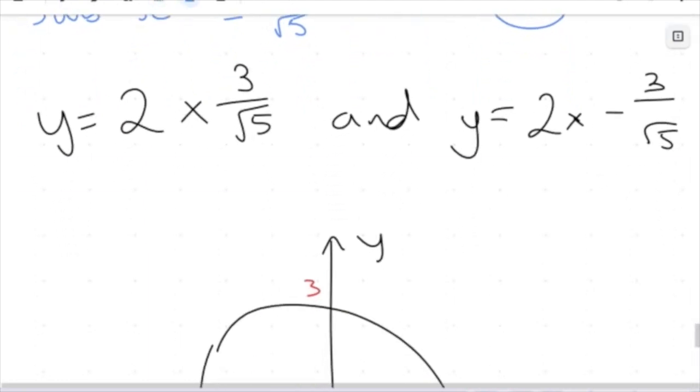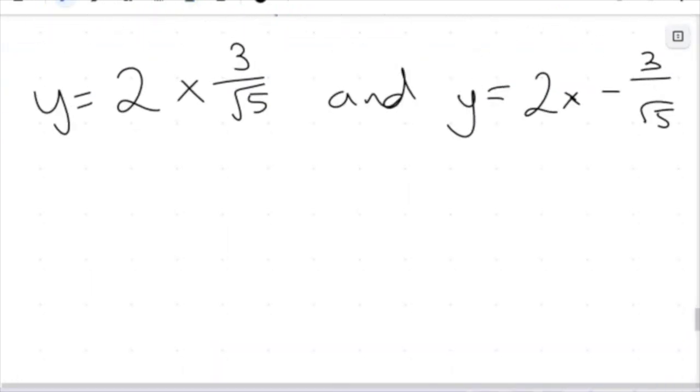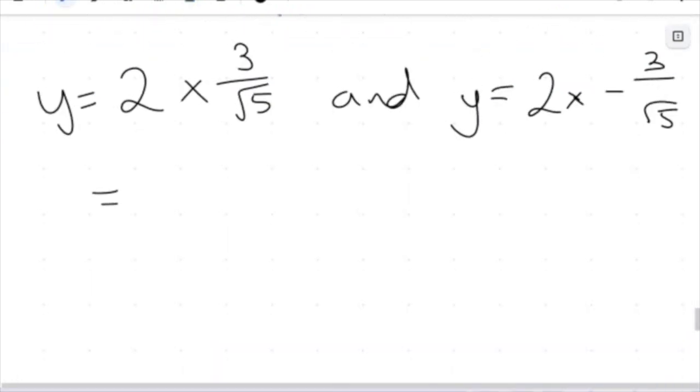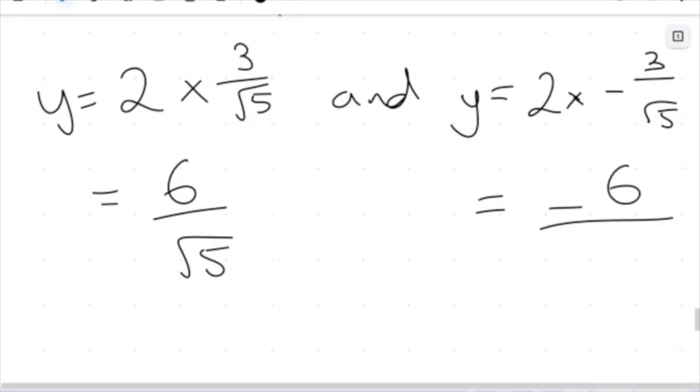So these are my 2 solutions for y. Now, quickly, 2 times 3 over root 5 gives me 6 over root 5. And this one, 2 times negative 3 over root 5, gives me negative 6 over root 5.